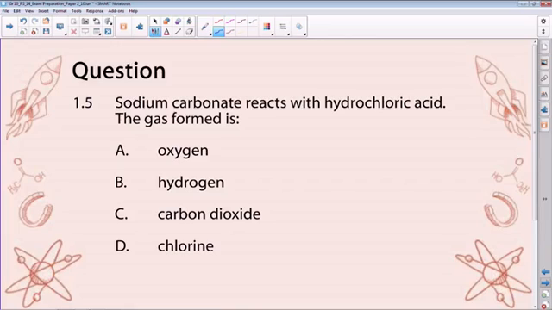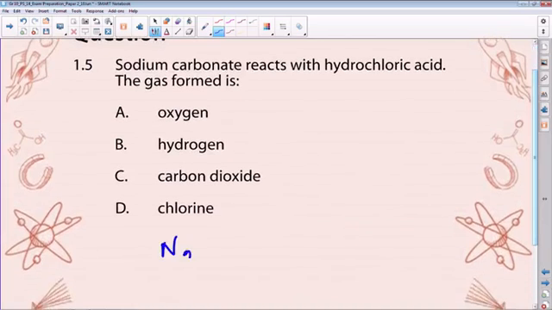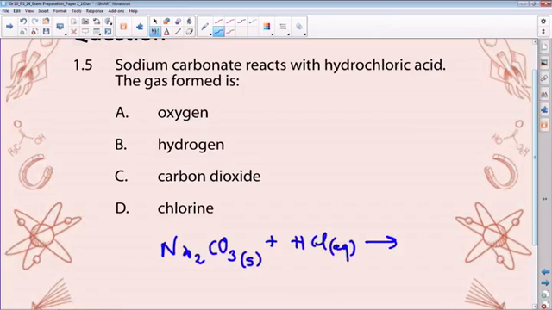So when we talk about sodium carbonate, we are talking about Na2CO3, which is a salt, a solid. It reacts with an acid. Okay, this is from Gr10, HCl, which is an aqueous solution. It gives us sodium chloride, which is the salt.